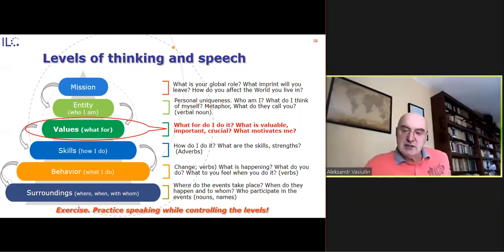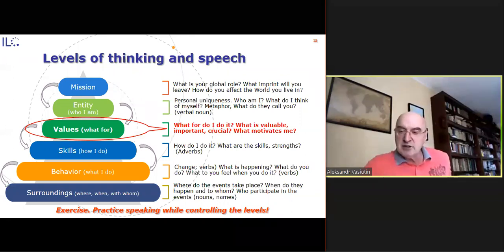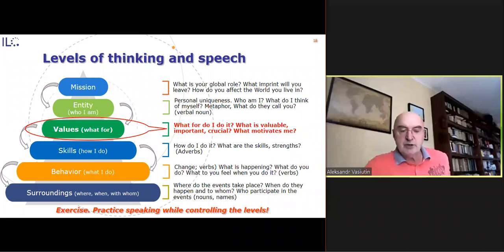And this is the pyramid of the logical levels. It's not the pyramid of Maslow of needs. And this is the pyramid where the values are created in line with the values we have.